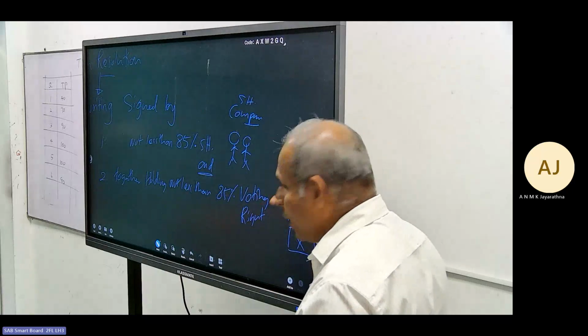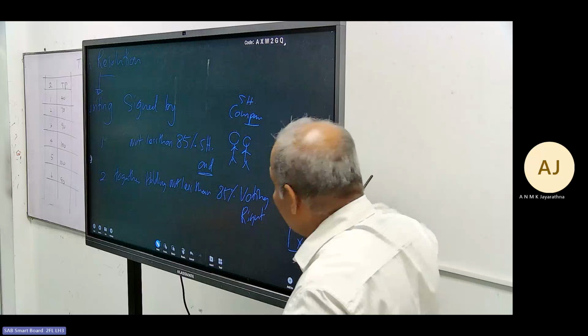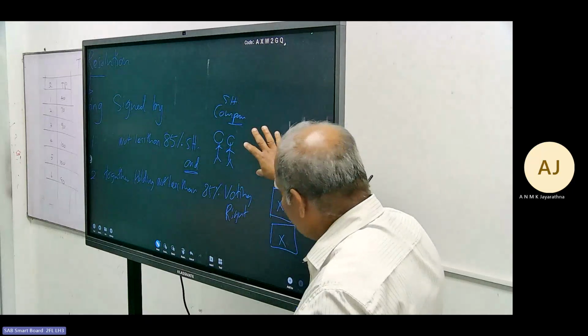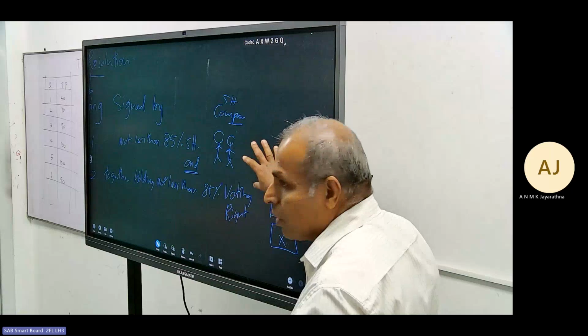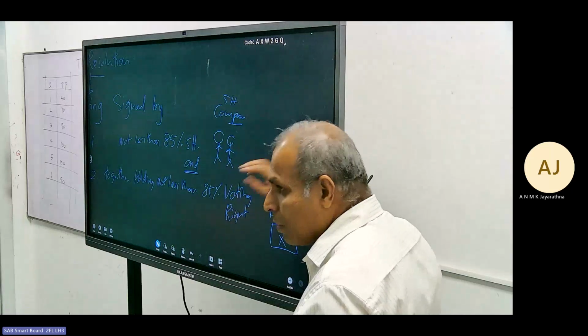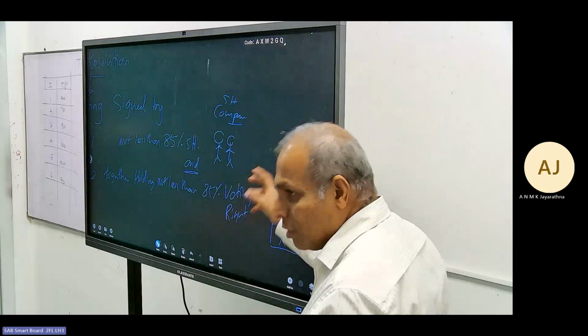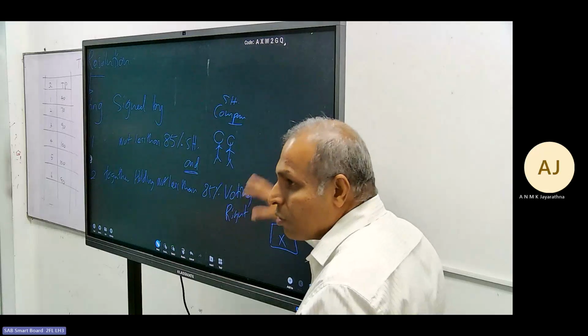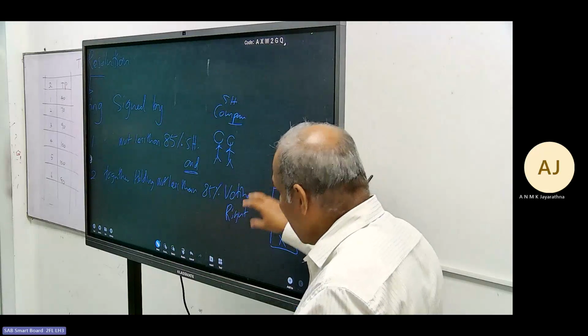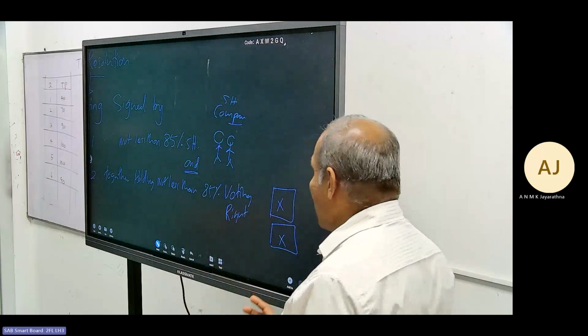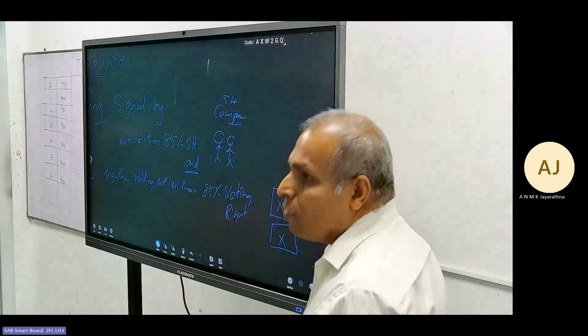Now, this is a very technical task. Suppose the shareholders of the company, not less than 85%, are representing not less than 85%, and the second condition also has to be fulfilled: that these shareholders together hold not less than 85% of voting rights.